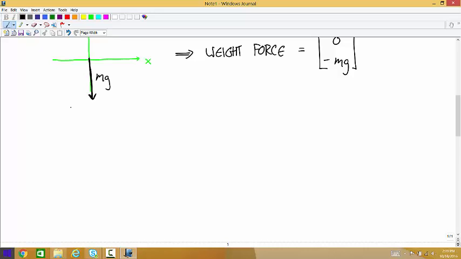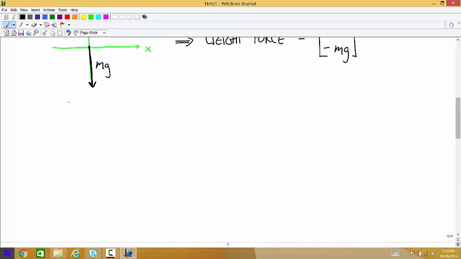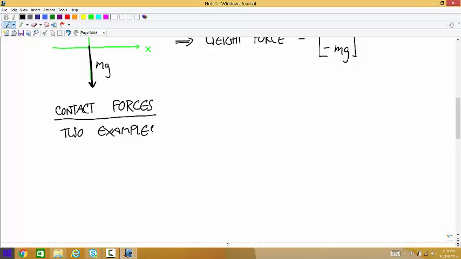Okay, so now let's talk about contact forces. That's where we are. And we did the two examples with the guy standing on the scale. I just like drawing this guy. And he has a mass of 50 kilograms.